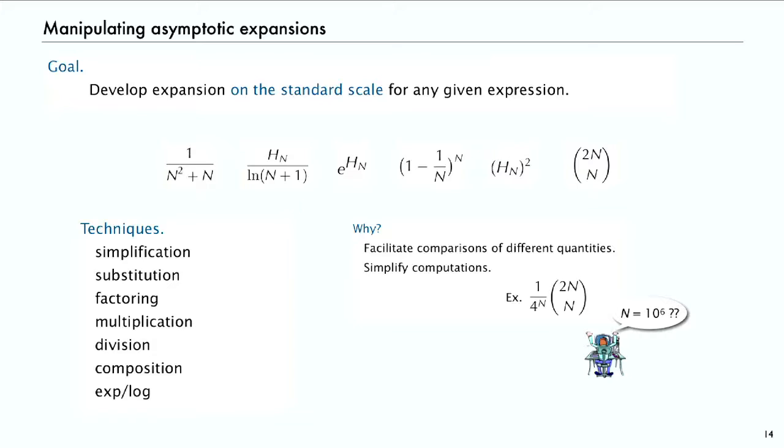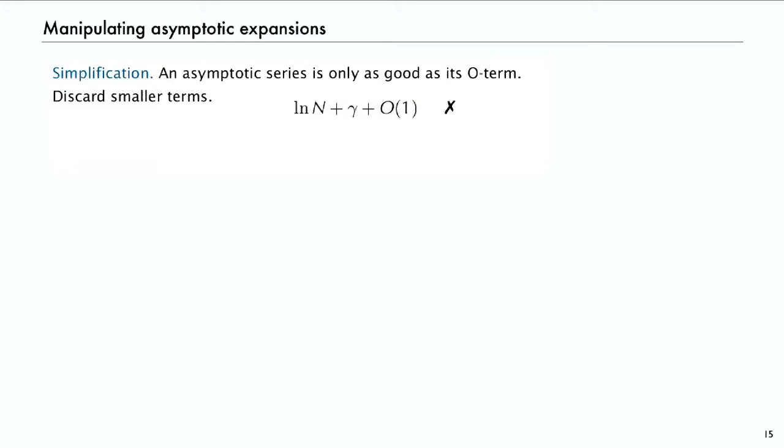That's an expression that arises and is of importance in the analysis of algorithms. If you ask a programmer to compute that for n equals 10 to the 6, it's going to be a challenge. We'll see that it's relatively simple to express this in terms of standard functions via asymptotics, and we can do that for all the functions that arise.